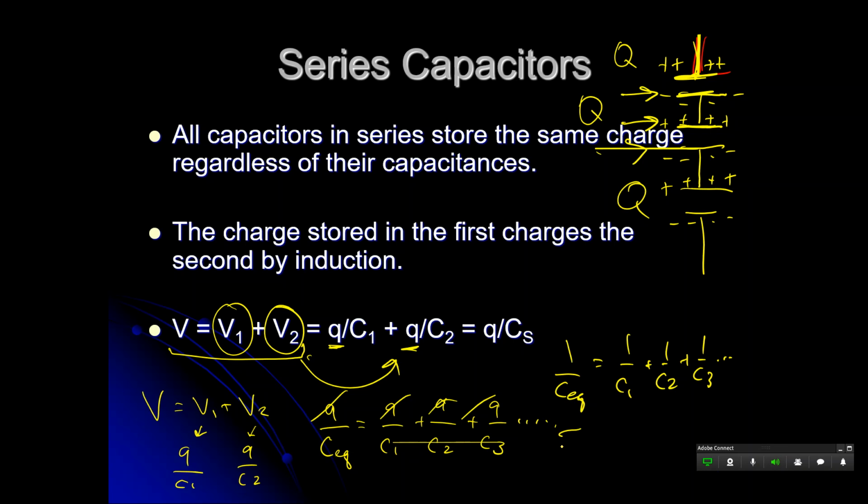So we can write down a formal equation here. So 1 over CEQ, or just rather CEQ, is equal to the sum of all capacitances C_i from i equals 1 to N. That would be the equation for series capacitor.